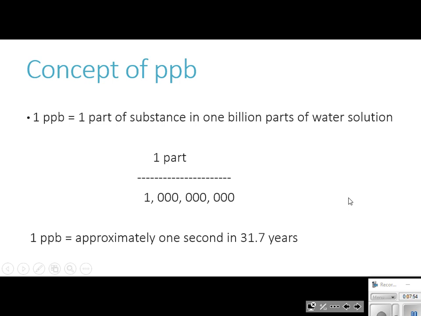So 1 part of the substance in 1 billion parts of water.